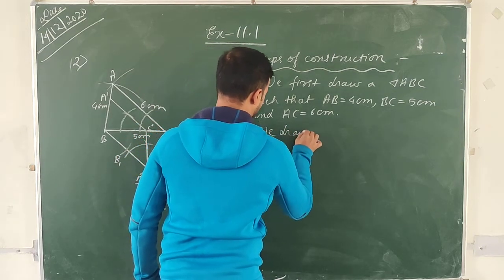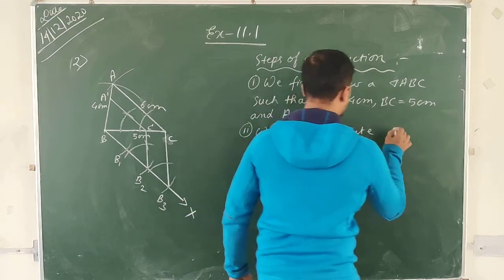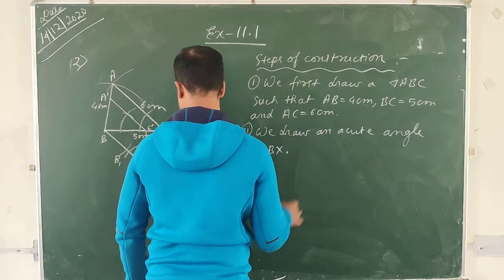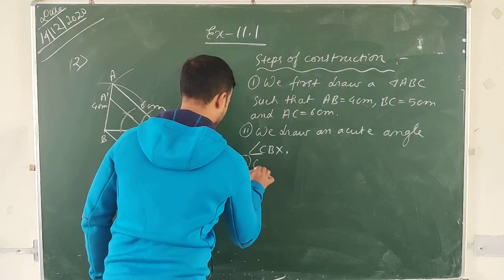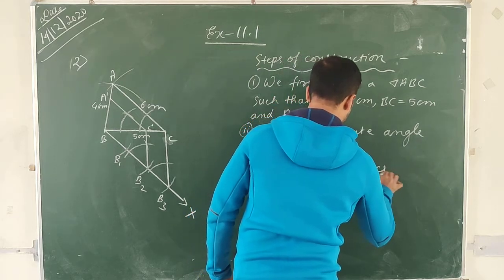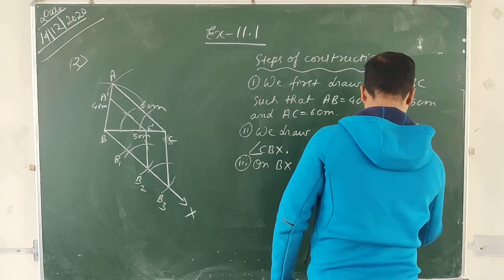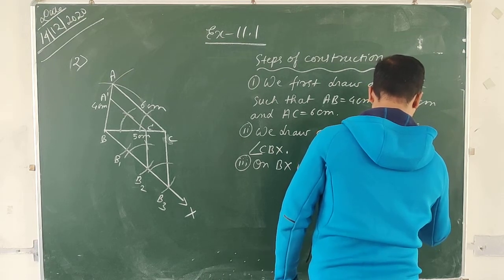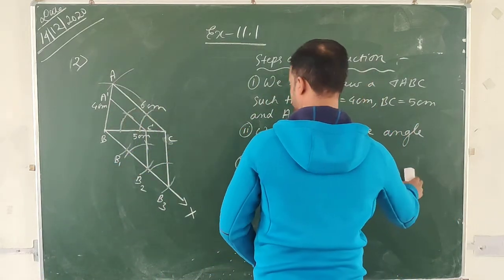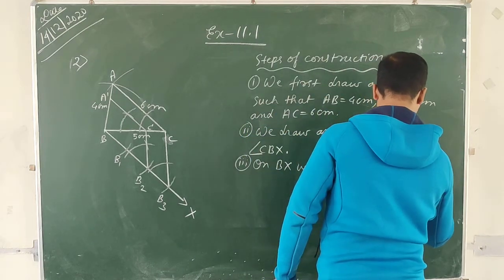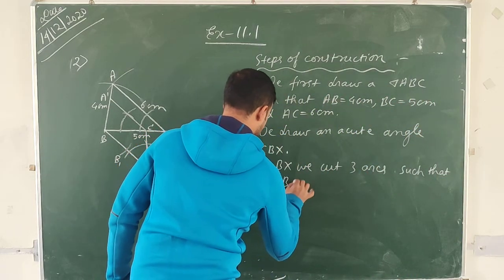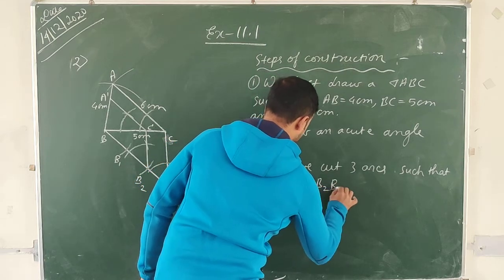We draw an acute angle CBX. On BX we cut 3 arcs, B1, B2, B3, such that BB1 is equal to B1B2 is equal to B2B3.